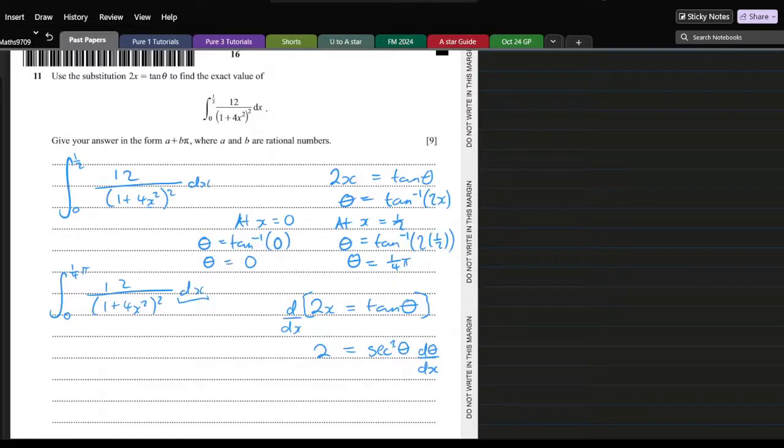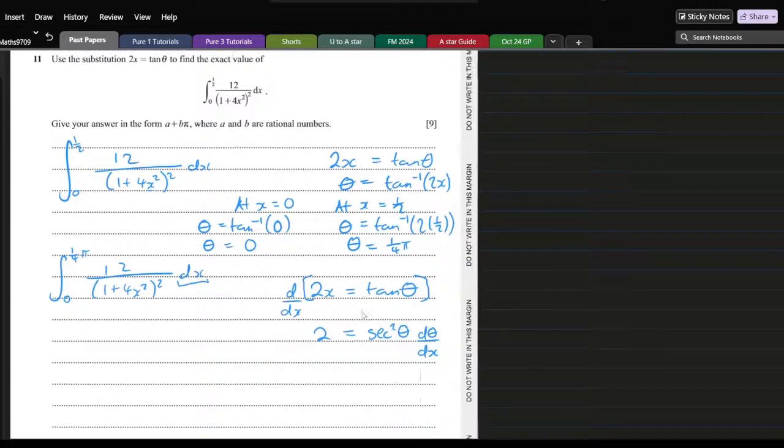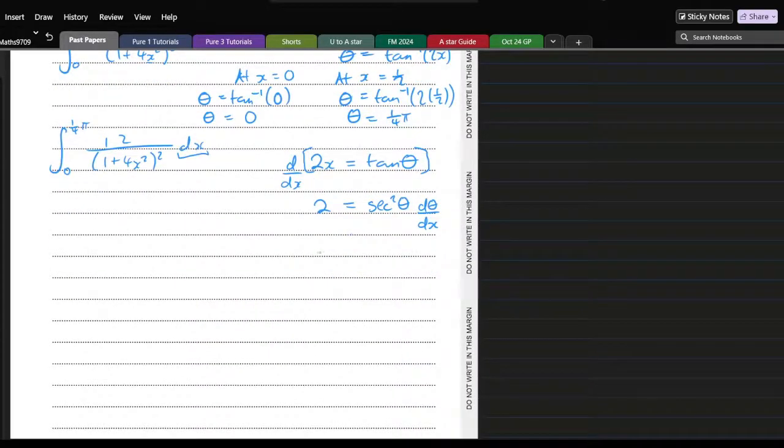And so we want an expression for dx, so let's make dx subject of the formula. So dx is equal to half sec squared theta d theta. So we can replace our dx here with half sec squared d theta.